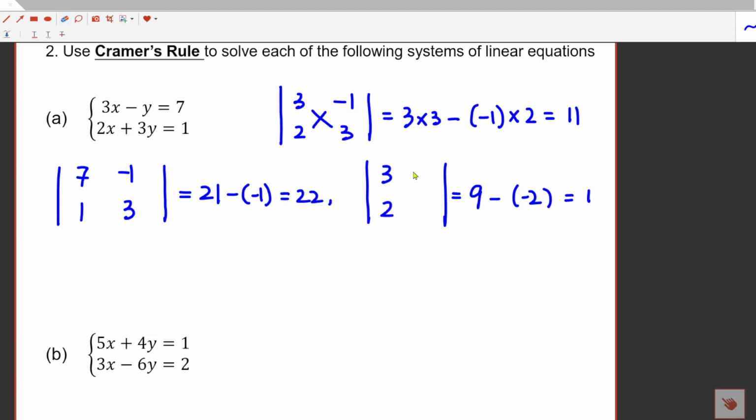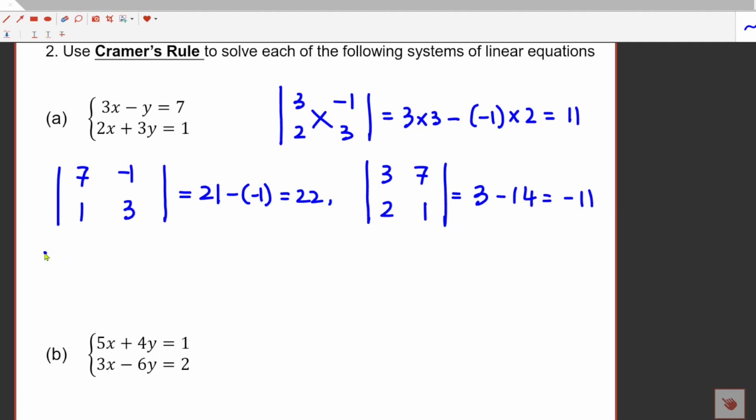We should use 7, 1 here. So that's 3 by 1 is 3, then minus 2 by 7 is 14, right? So that'll give us -11.